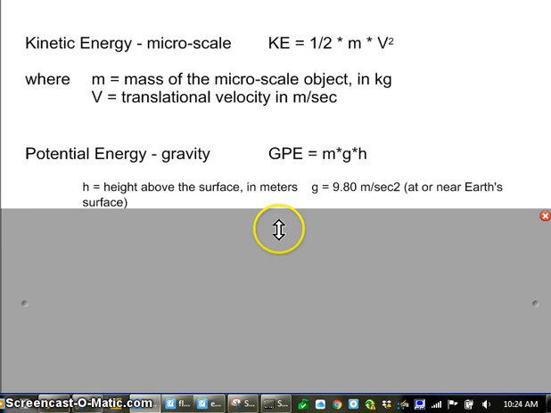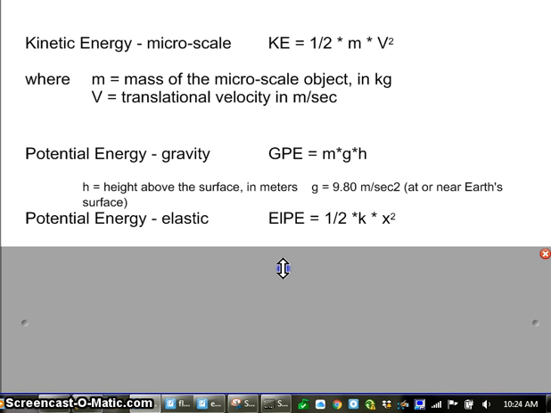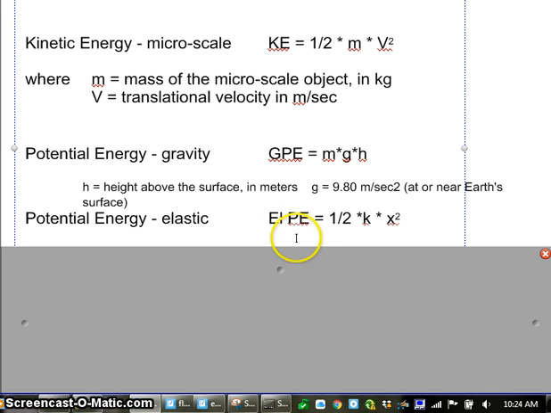Okay, so let's just take one last look here at elastic potential energy, and I've written here ELPE, elastic potential energy. That's 1/2 k times x squared, where x is the amount that the spring has been compressed or expanded, and k is the springiness of the spring.